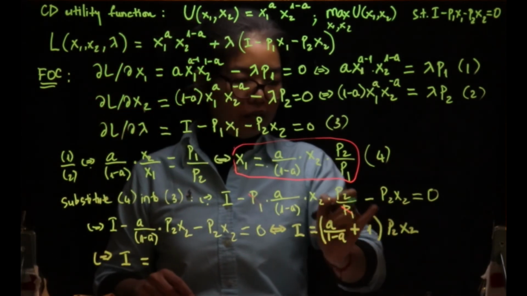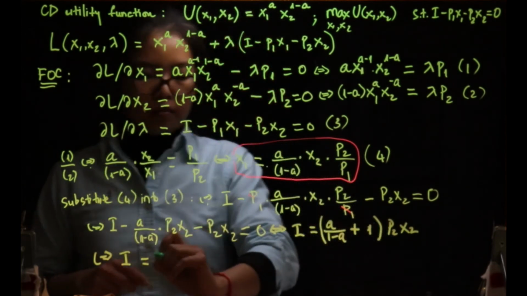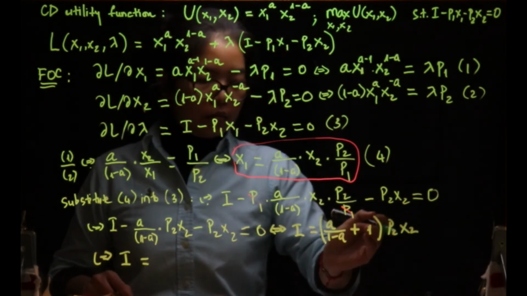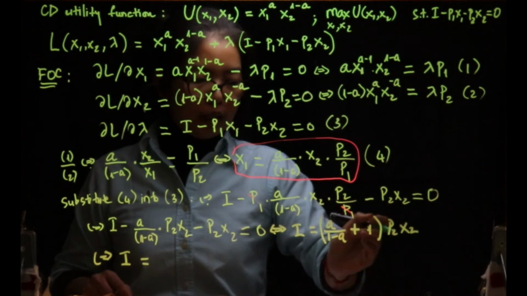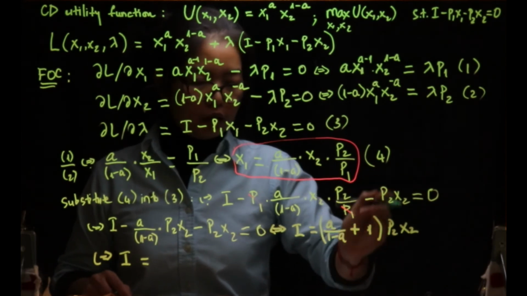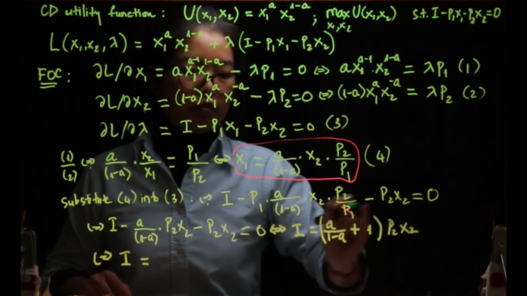Now let's simplify this term by multiplying it with 1 minus a, both on the numerator and denominator of 1.